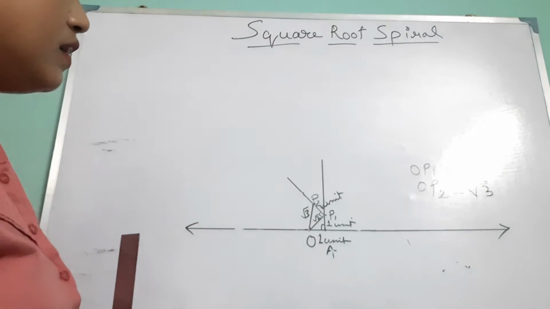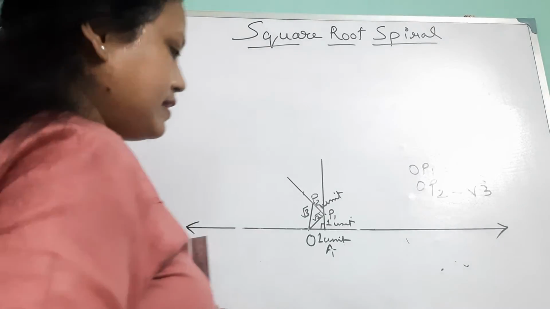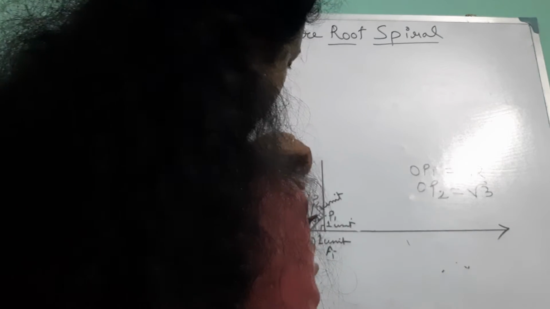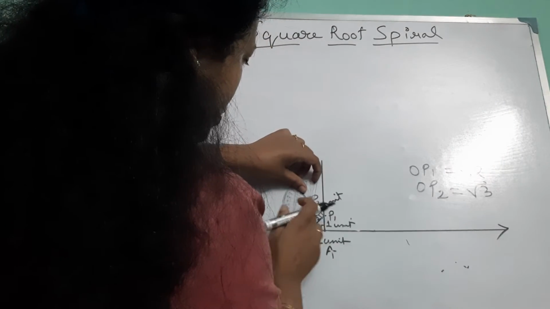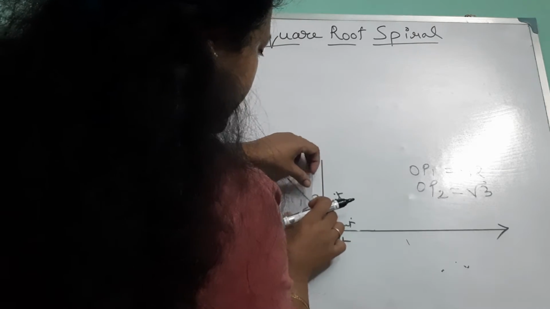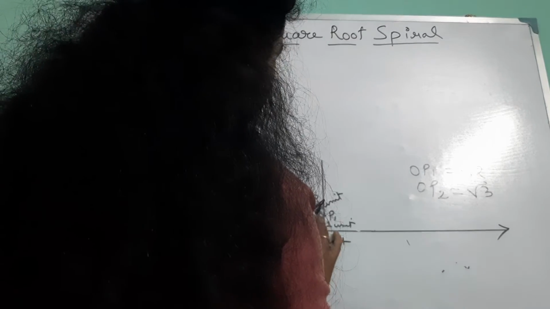Similarly, on OP2 draw a 90-degree angle with the help of the protractor with the base OP2, and join it.